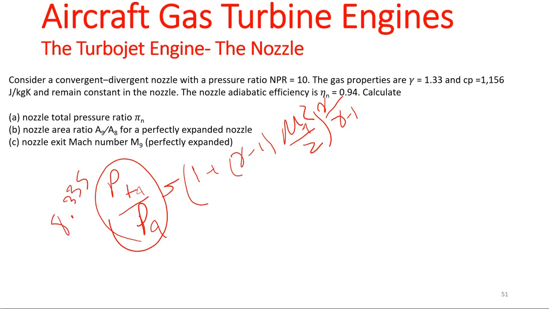It's the power. Exactly. 2.05. So M9 is going to be 2.05.